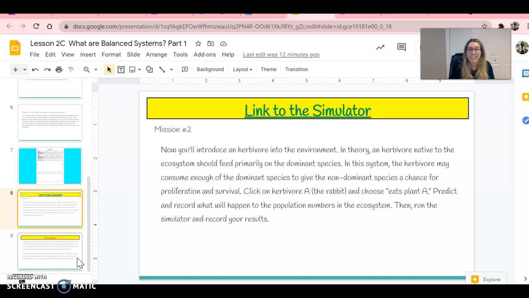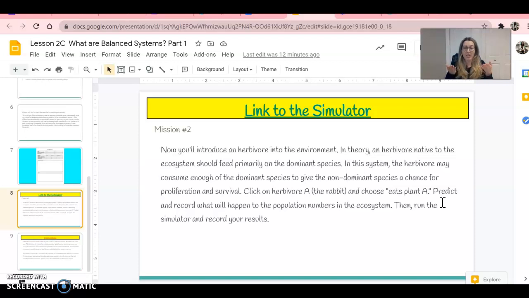What you're going to do is click on herbivore A at this point and choose Eats Plant A. So we're adding a rabbit to our environment, to our ecosystem. And we are going to see what happens to the plant population after we've added a rabbit. Now, this goes along with the balance of an ecosystem. You will find that with plants just A and B, you will see whether that ecosystem can be balanced or not.